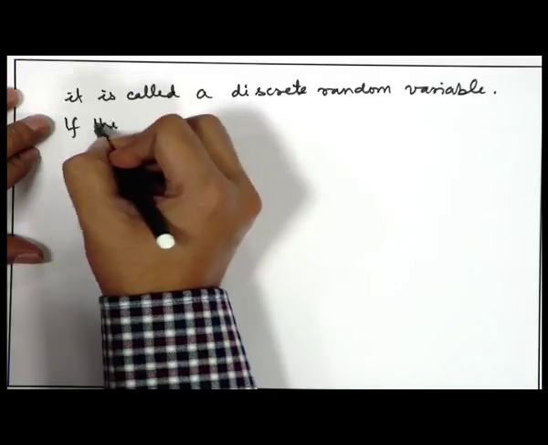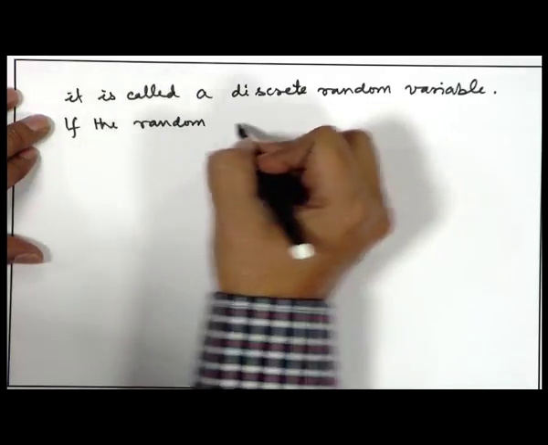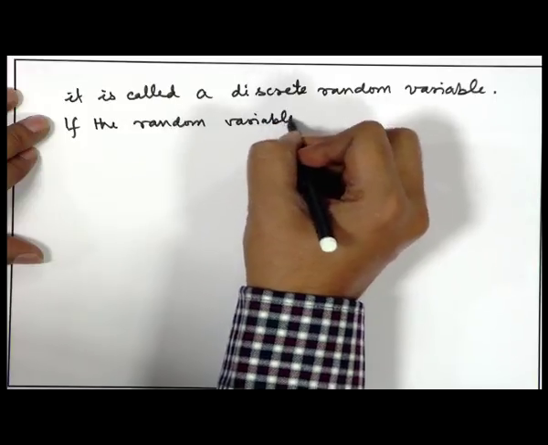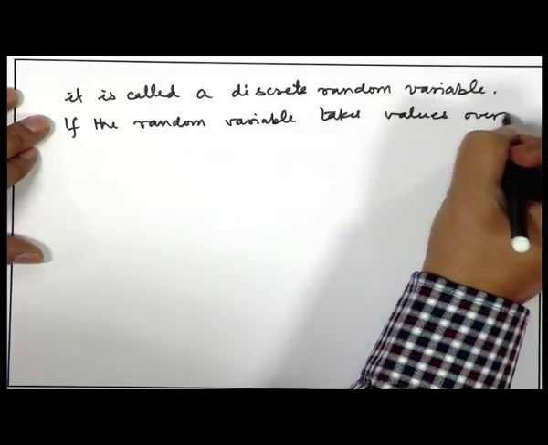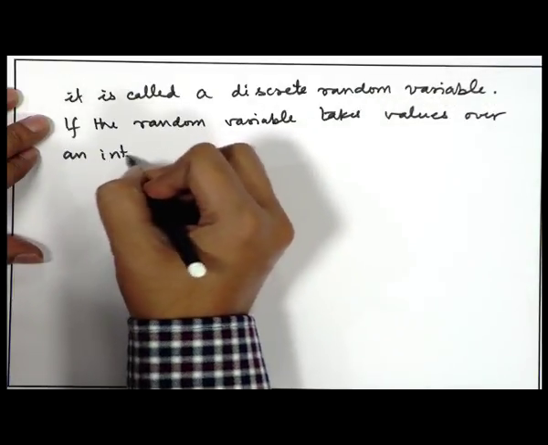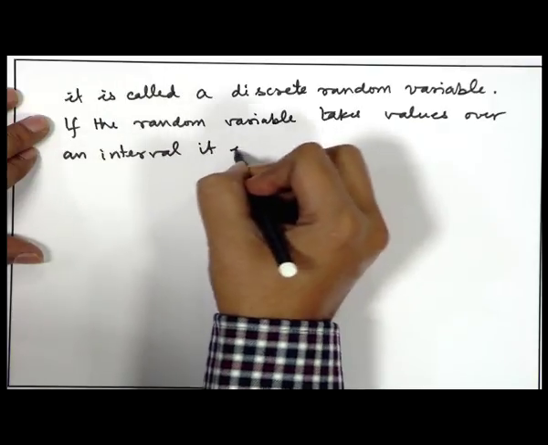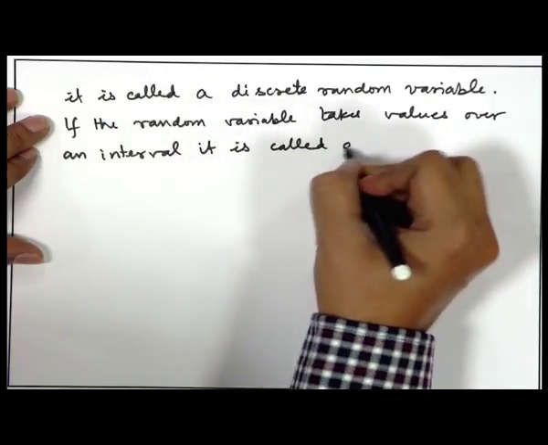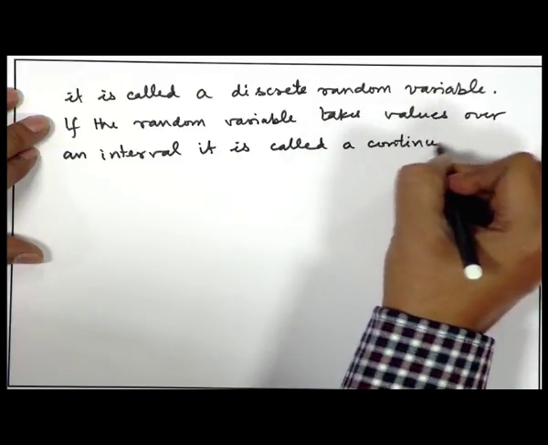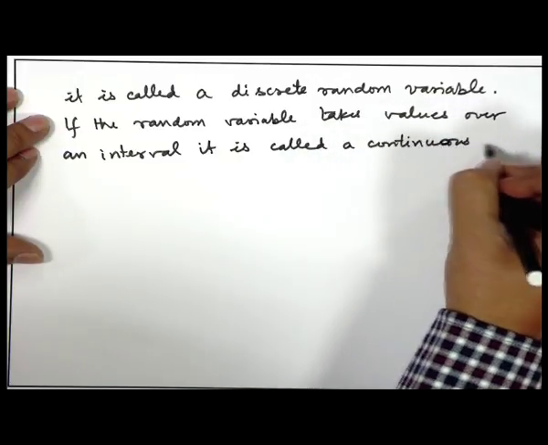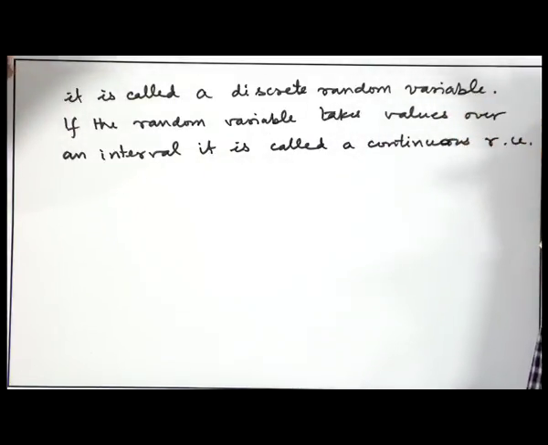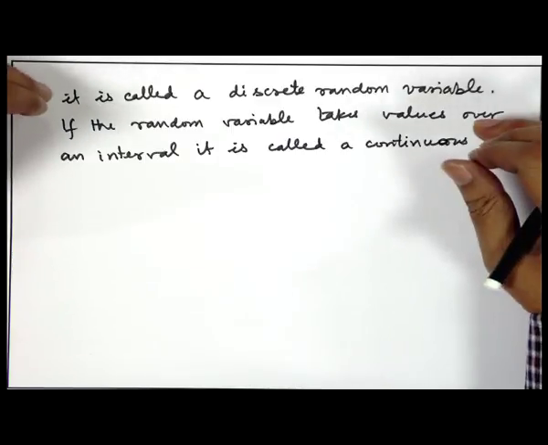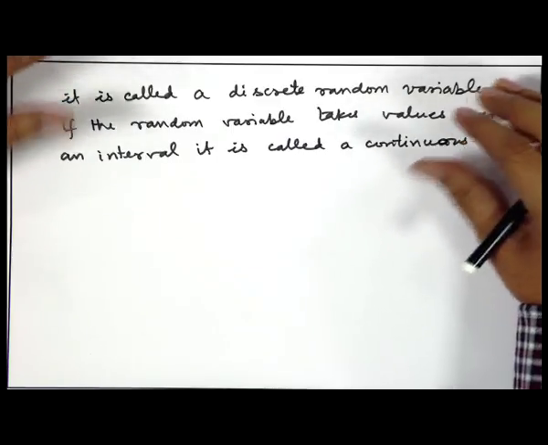If the random variable takes values over an interval, it is called a continuous random variable. Actually, there are finer distinctions based on the representation of the probability distribution, but at this stage we will take these definitions as the definition of discrete and continuous random variables.